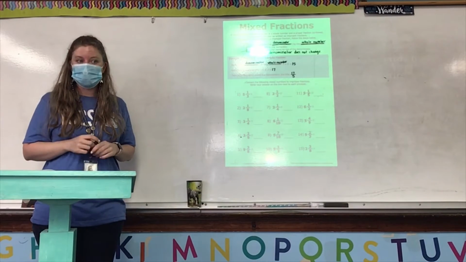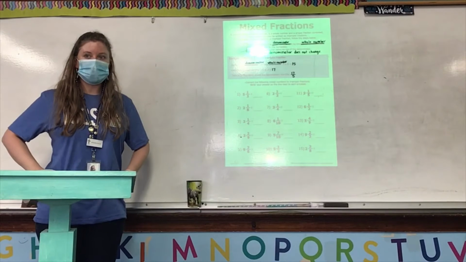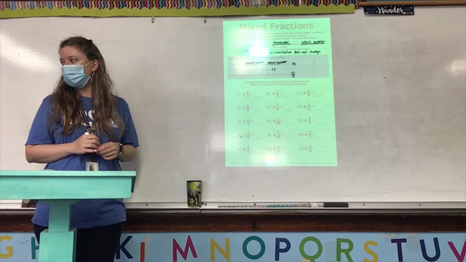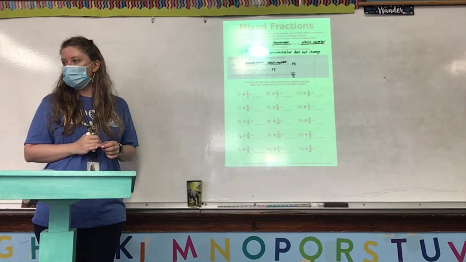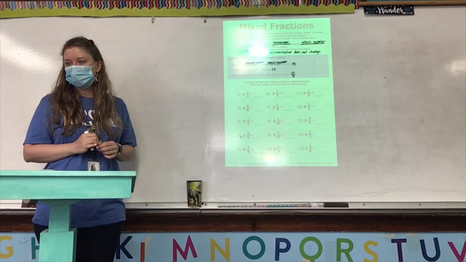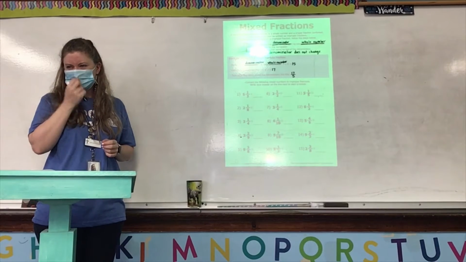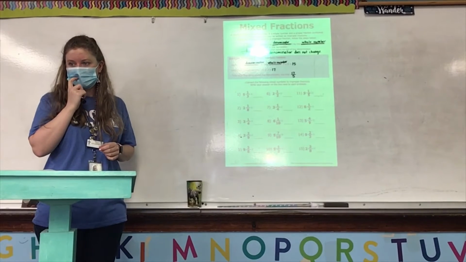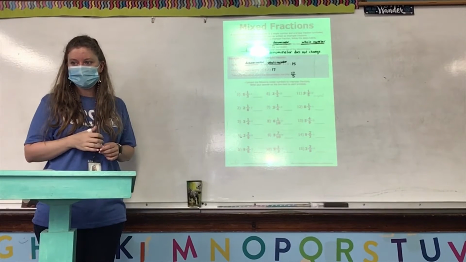Now, go ahead and get out a separate sheet of paper, because we will have to show the work for all of these on that separate sheet. Get out your piece of paper, make sure the holes are on the left, not the right.